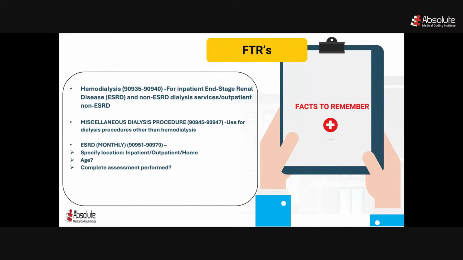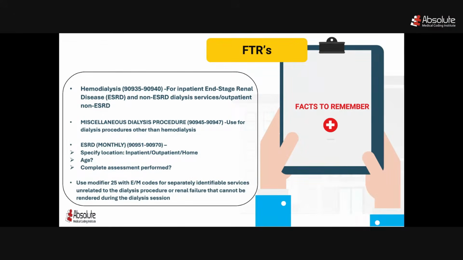Check whether complete assessment is performed or not. And use modifier 25 with E&M codes for separately identifiable services unrelated to the dialysis procedure or renal failure that cannot be rendered during the dialysis session. And we also have per day codes, which are not listed in the FTR over here.